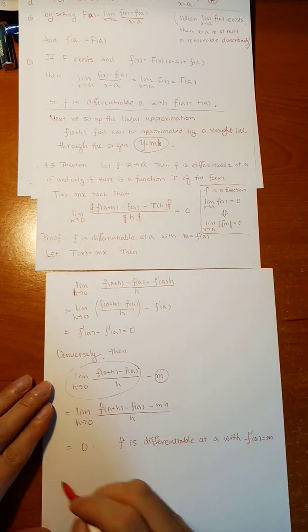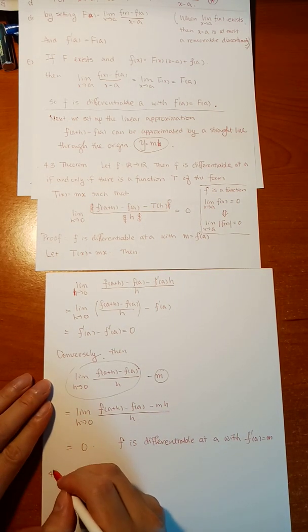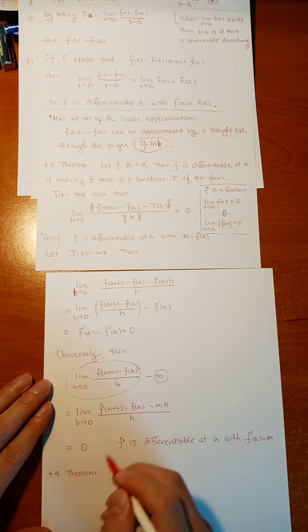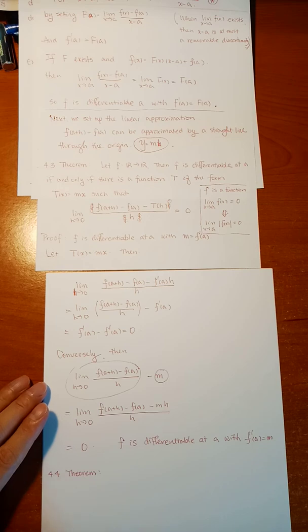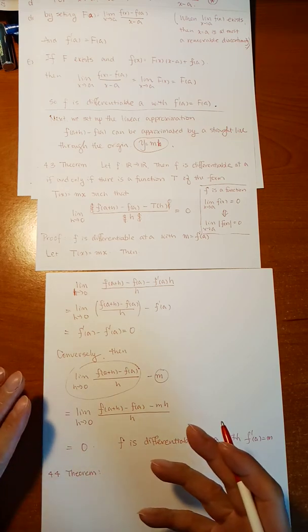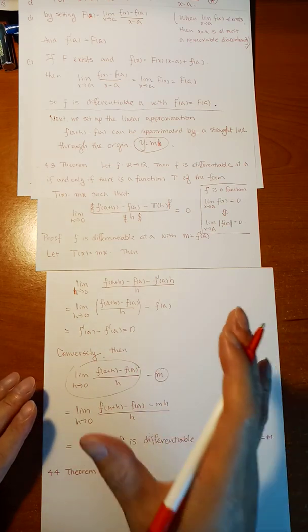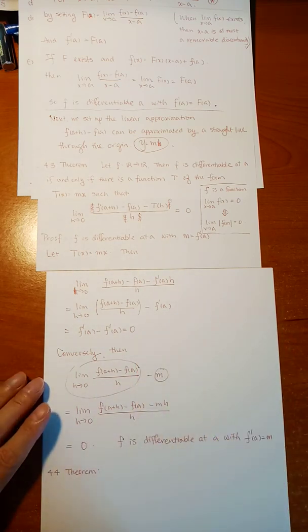Another common fact about differentiable functions is that, remember, in the very beginning, we never mentioned the continuity of the function f. We just say if f satisfies that the limit exists, then we say f is differentiable.